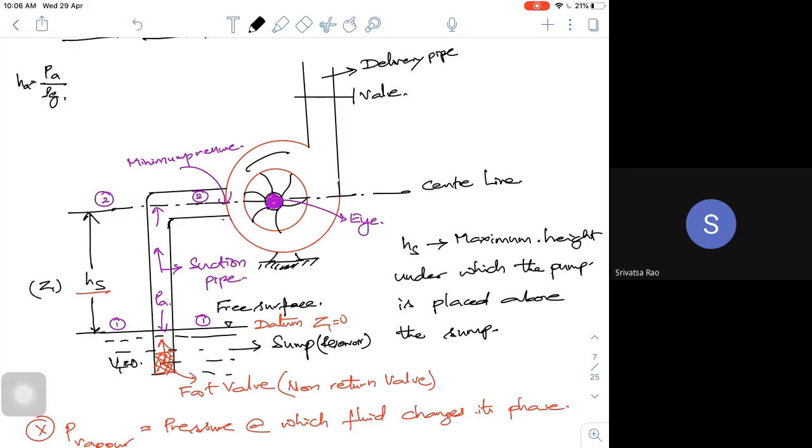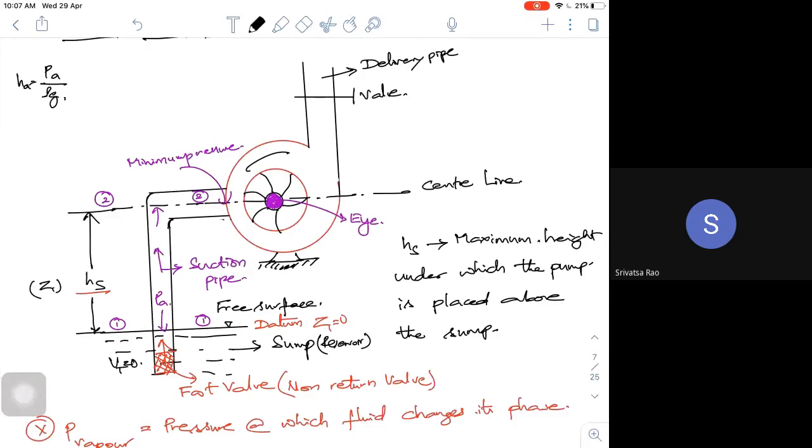So we have to ensure that at any given point, the pressure near the eye of the impeller should be greater than vapor pressure, slightly greater than vapor pressure. Then I can ensure there is no formation of bubbles and the pump can work smoothly.